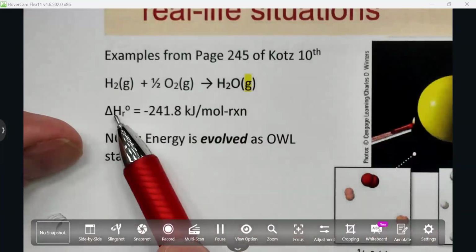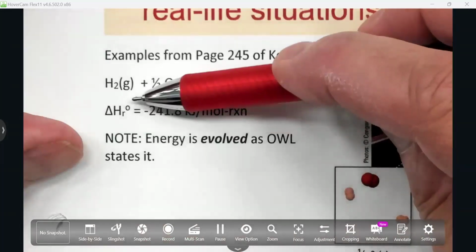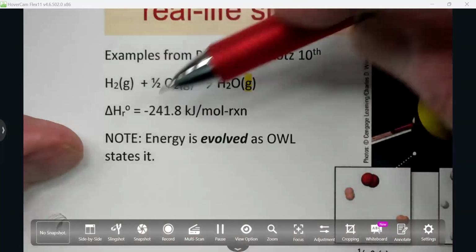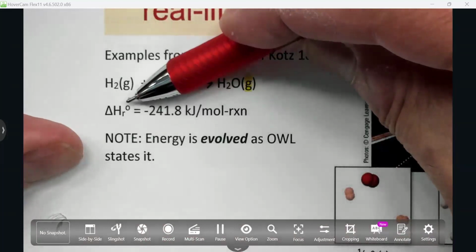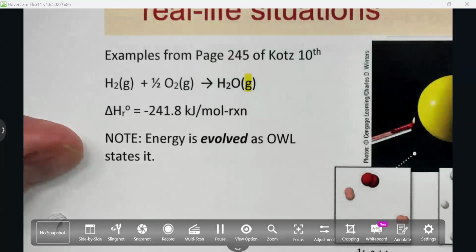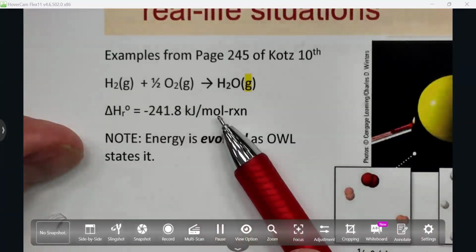Delta H, the heat for that reaction, and this little degree sign right here means standard state conditions, usually 25 degrees Celsius and normal atmospheric pressure. It's negative 241.8 kilojoules per mole.